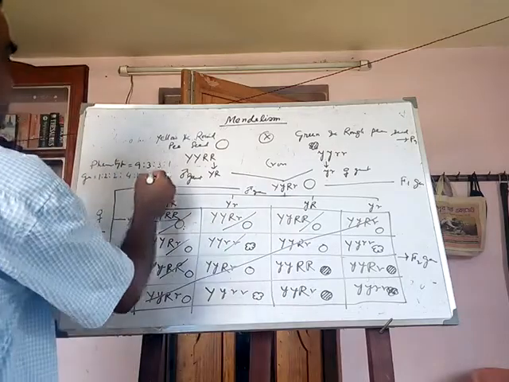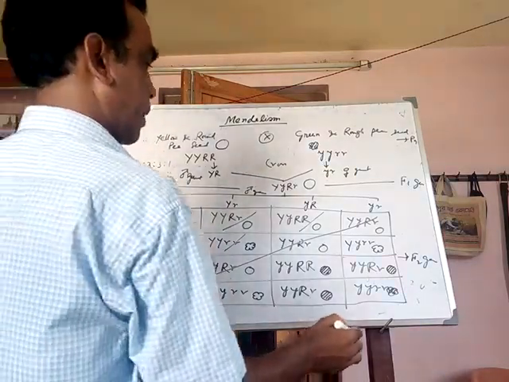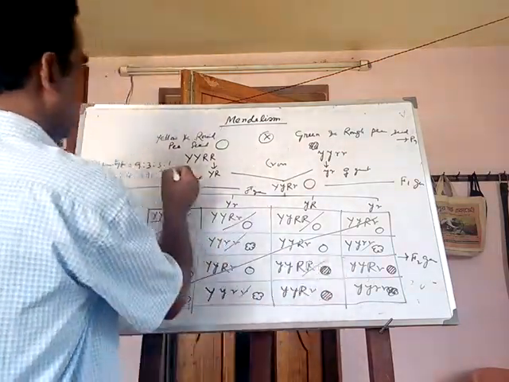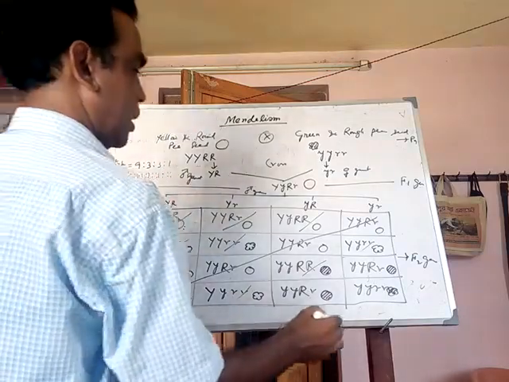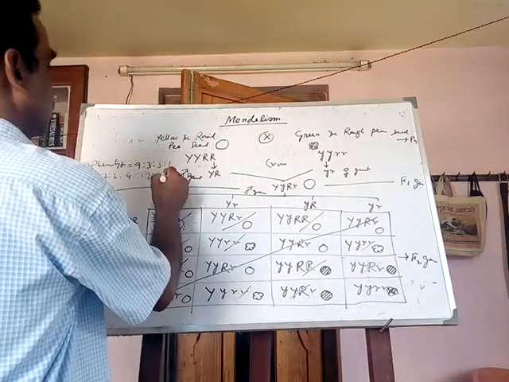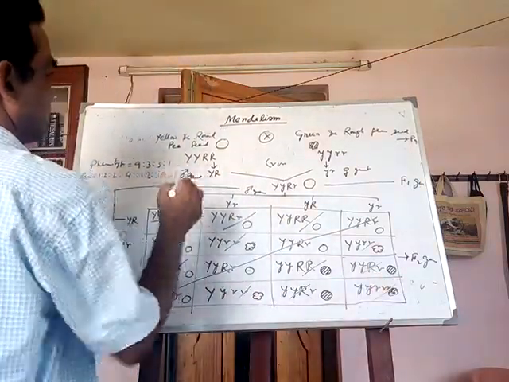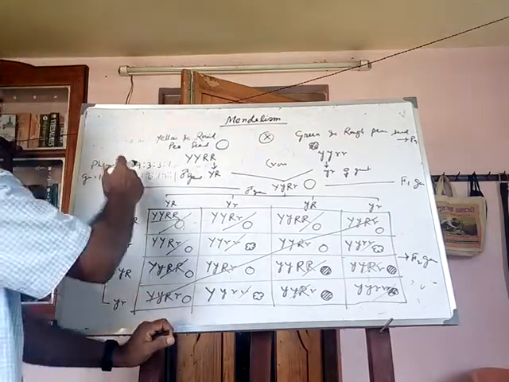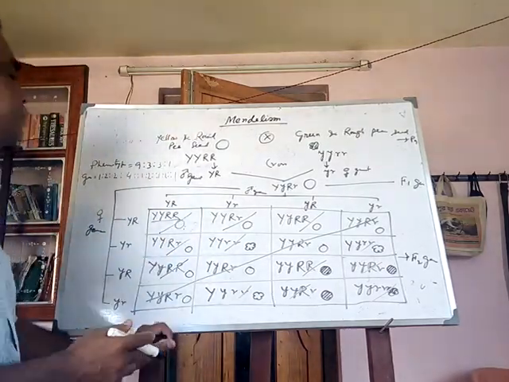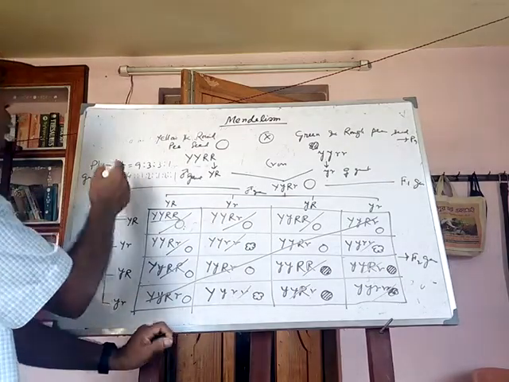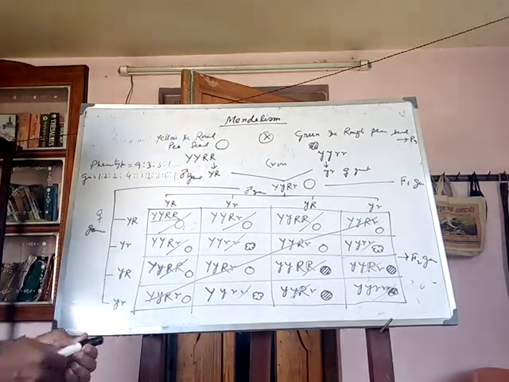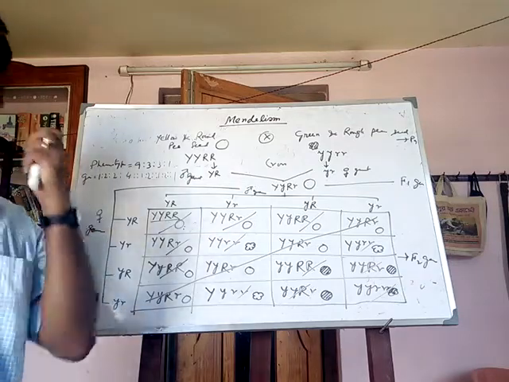That is 1 and it is 2. That is 1 and it is 2 and last is 1. So the phenotypic ratio of the dihybrid cross of Mendel's is 9:3:3:1, but the genotypic ratio of Mendel's is 1:2:2:4:1:2:1:2:1.